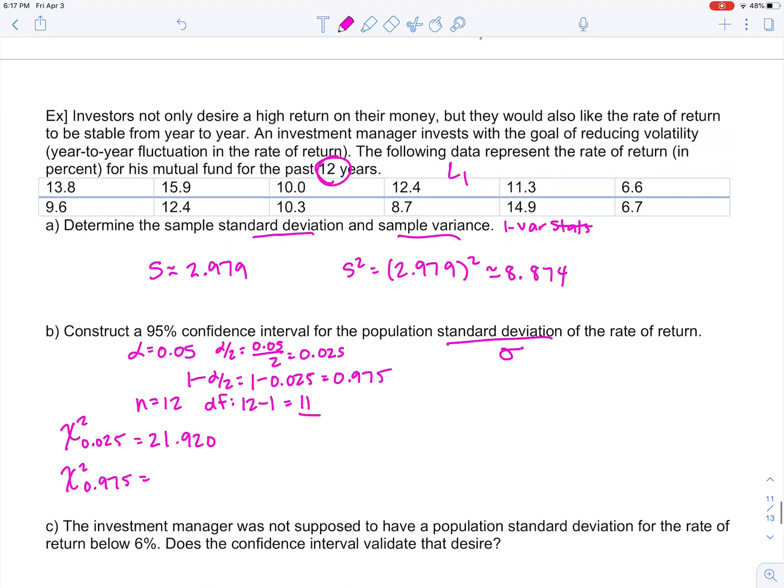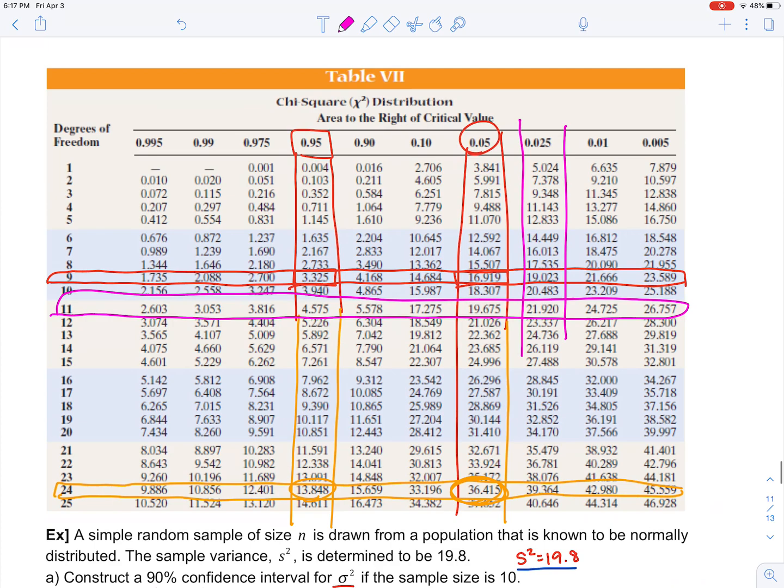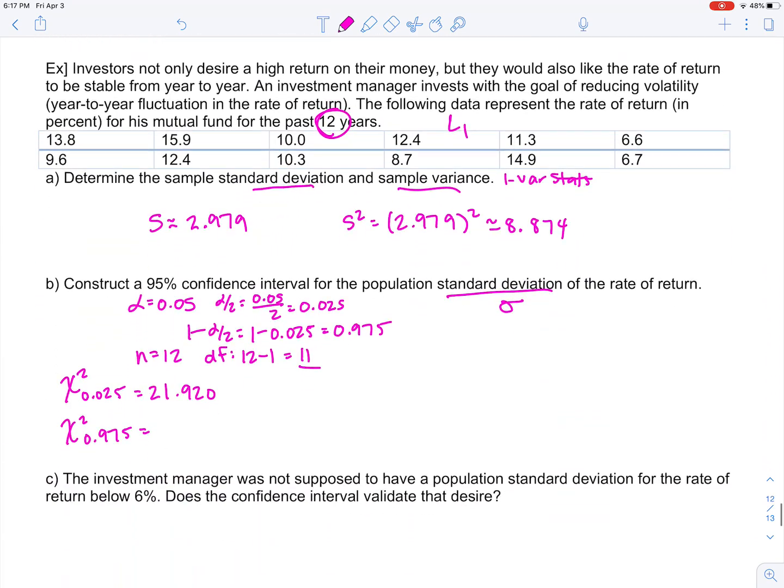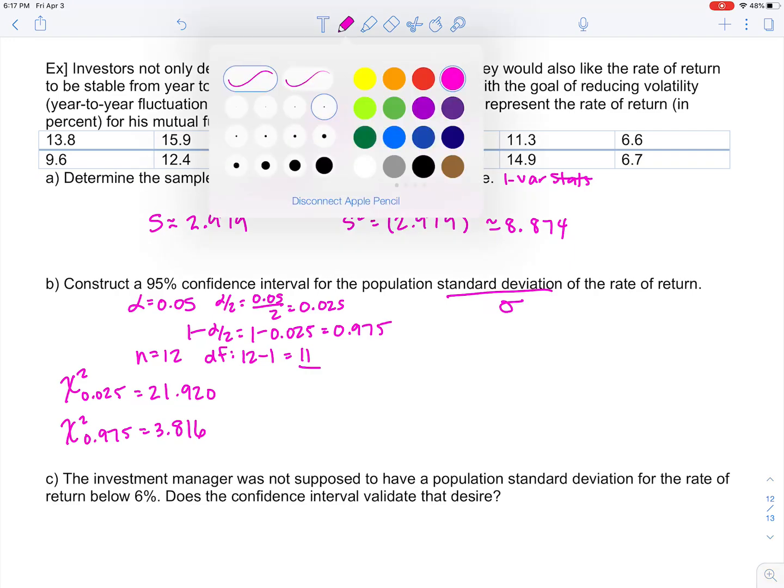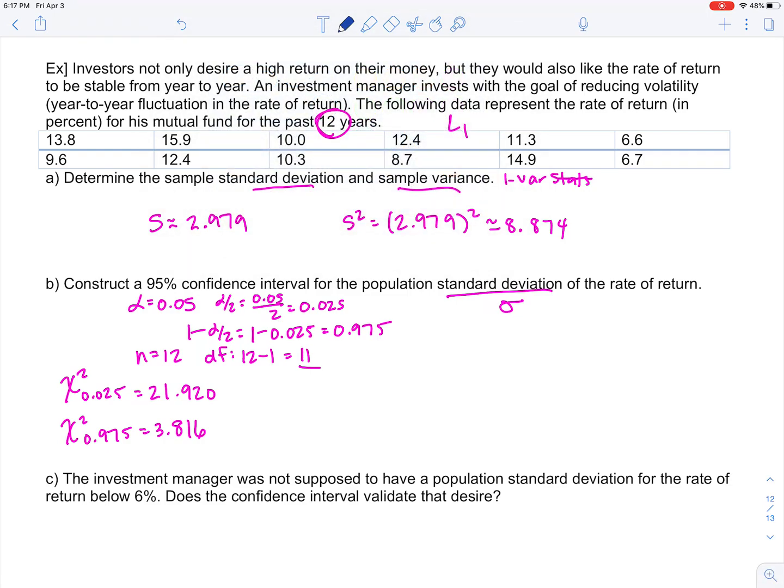The second chi-square has a subscript of 0.975, or an area of 0.975 to its right. Let's go back to the table. That'll be right here. 3.816. So let's write that down. 3.816. Okay, now we have all the ingredients we need to apply the formulas.